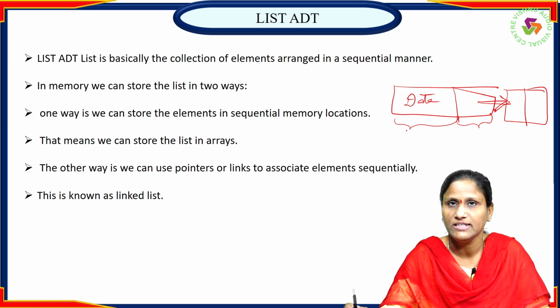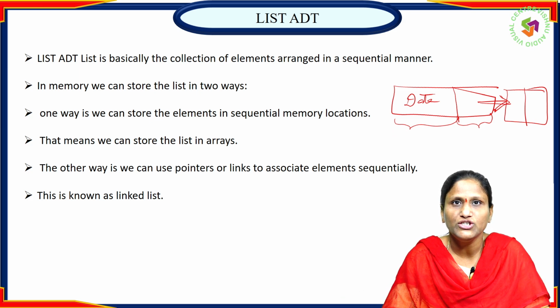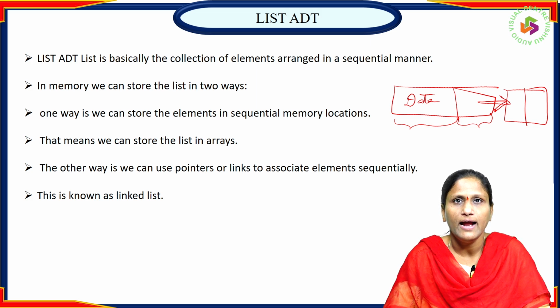So list is nothing but a collection of nodes, and each node contains two fields. The first field is called the data field and the second field is called the pointer to the next node.